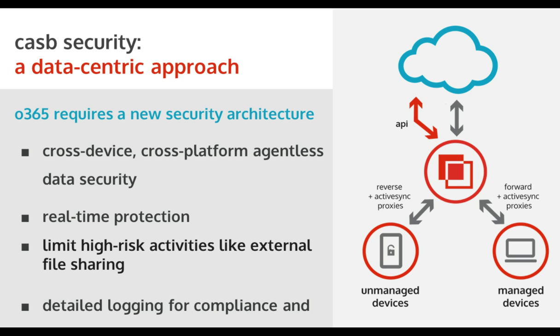Okay, so just a primer on how CASB security ends up being different, and that's where the BitGlass piece of it also comes in. The way we think of security in the cloud is a very data-centric approach.